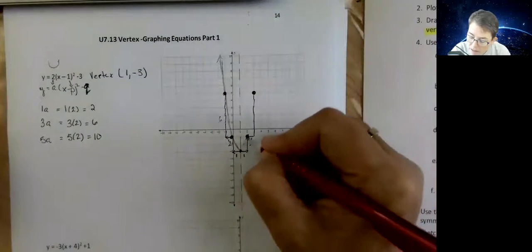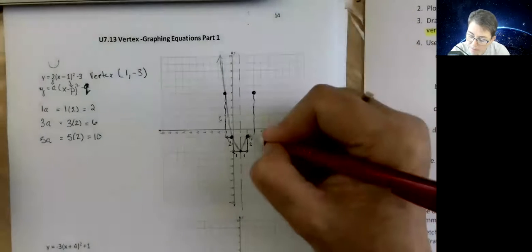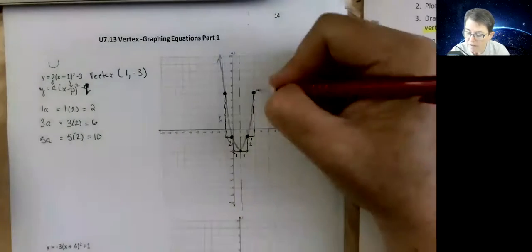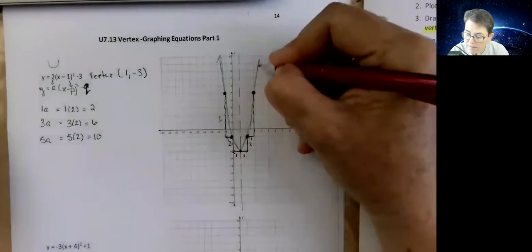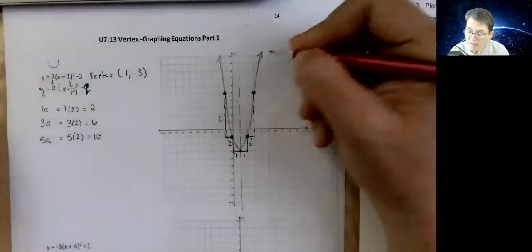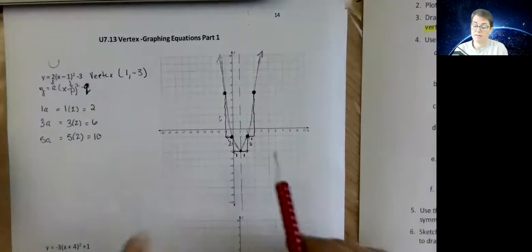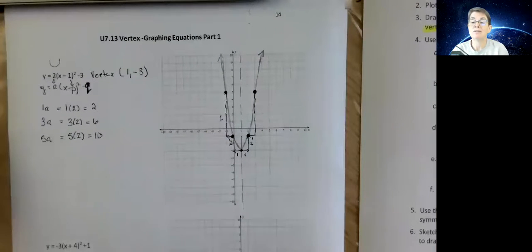And then you go the other way, and keep going. And there we go. That is the end of how you do it. It's mostly symmetrical. It's not exactly perfect, but it's not bad.